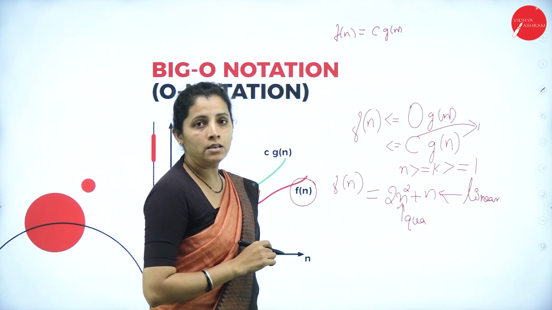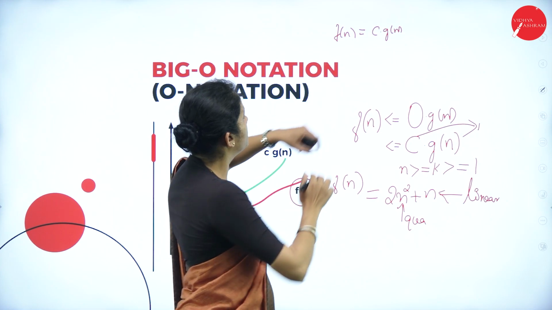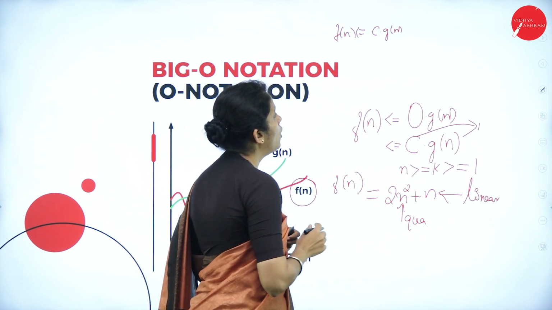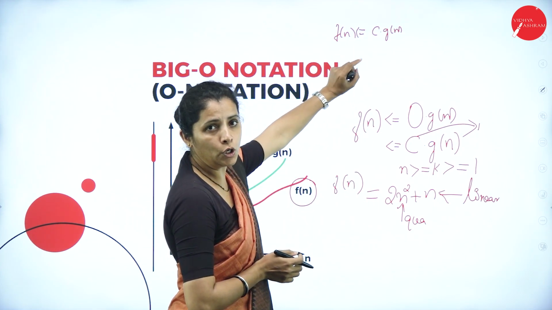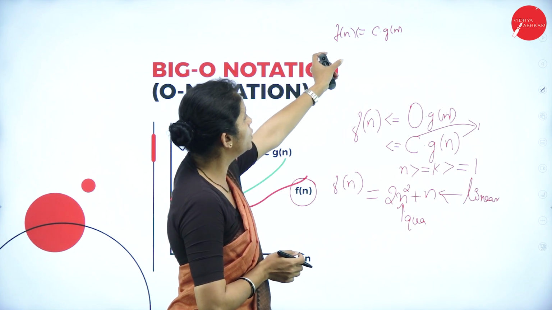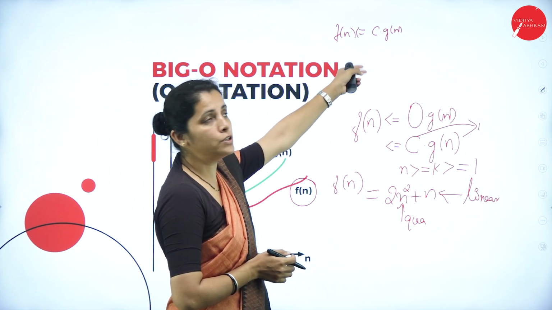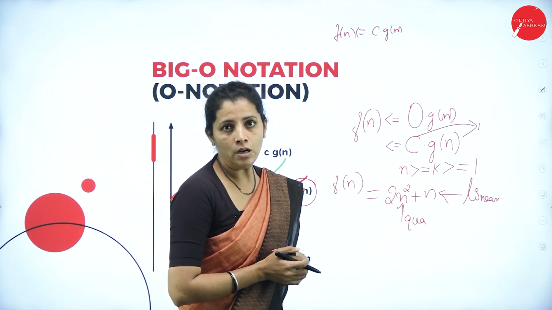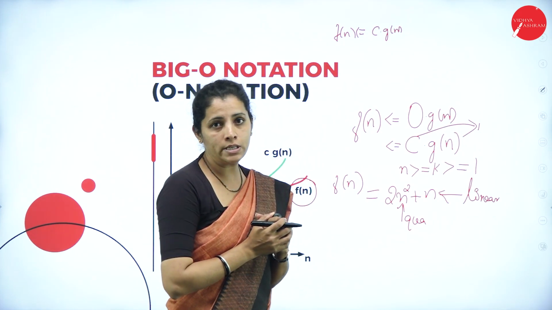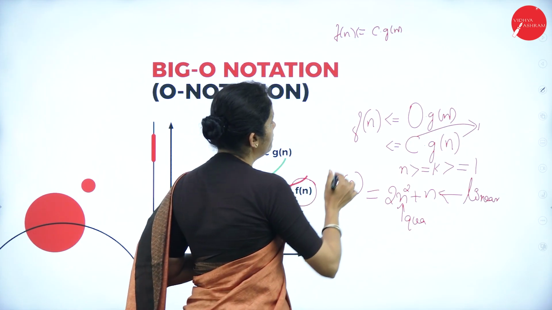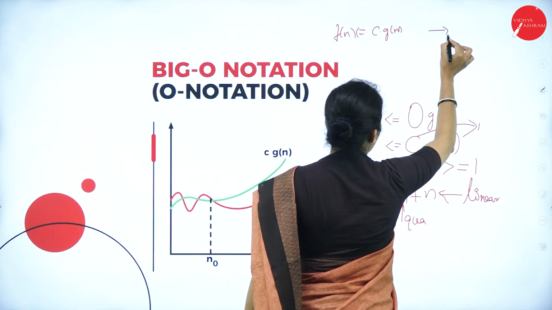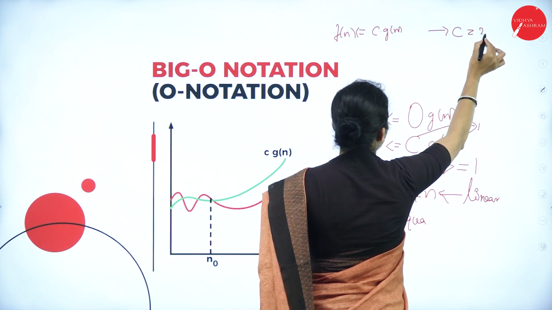If I take c equal to 1, I'm not going to get the true condition. If I take 2 and substitute the value, the condition also does not satisfy. So I'll take the value c equal to 3.